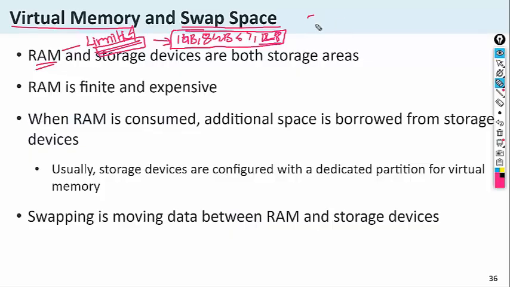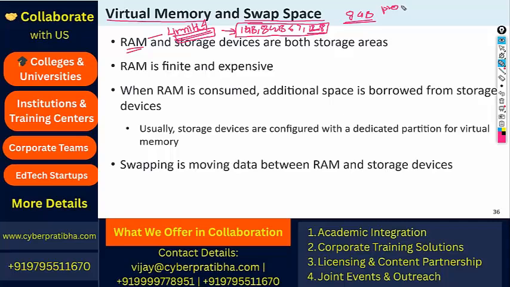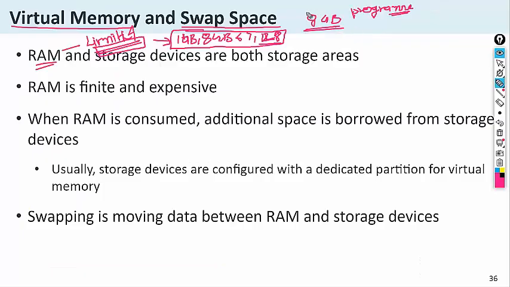For example, if the maximum RAM size of a computer or device is 8 GB, sometimes there are lots of programs which require more than 8 GB of RAM, because you have installed only 8 GB in your system.